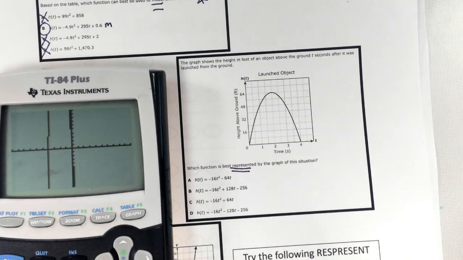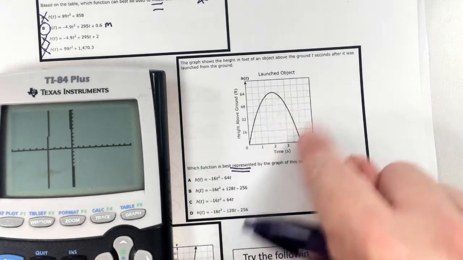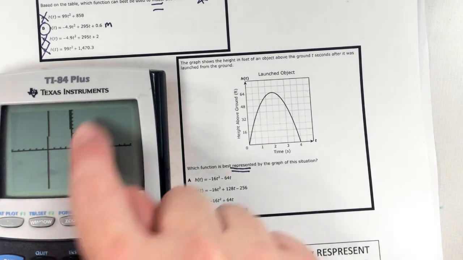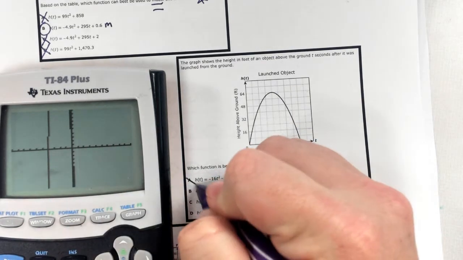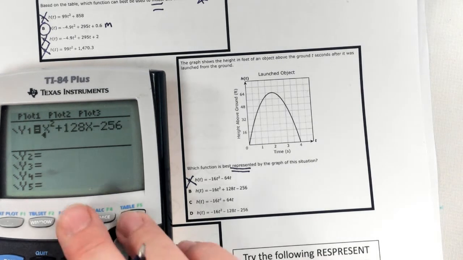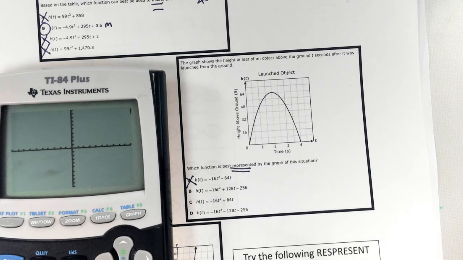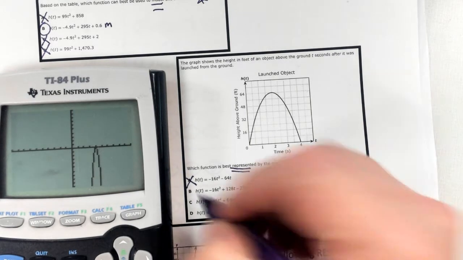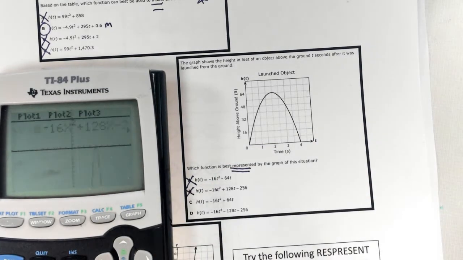Well, this one, first off, is obviously not in that positive area, so we can cross it out. Now the next one, plus 128x minus 256. We're going to hit graph. So that also is not in that window, so that is not our answer.